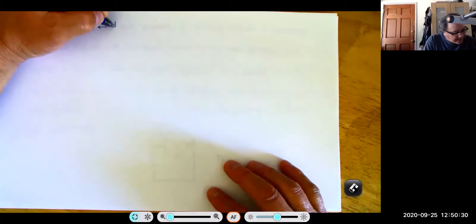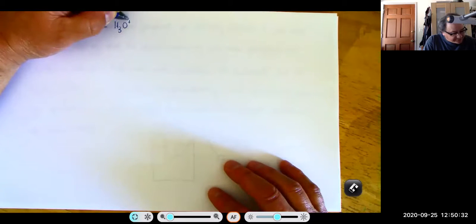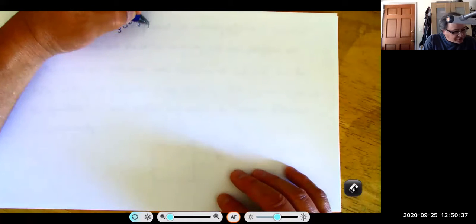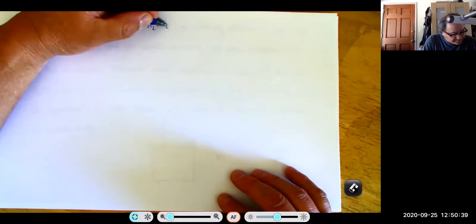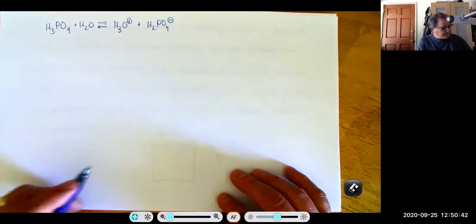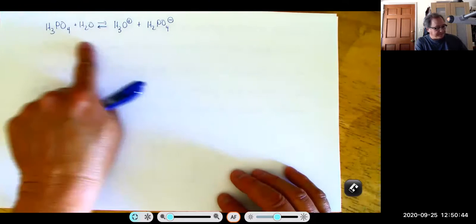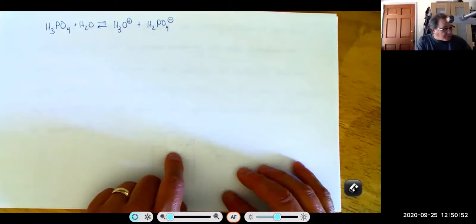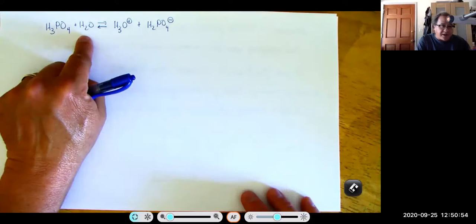It reacts with water and it makes H3O plus. So we're writing this instead of H plus. And H2PO4 minus. Are you with me here? Oh, okay, yeah. So here we're putting water into the equation instead of not having it in there.